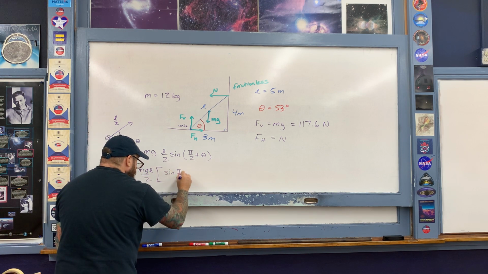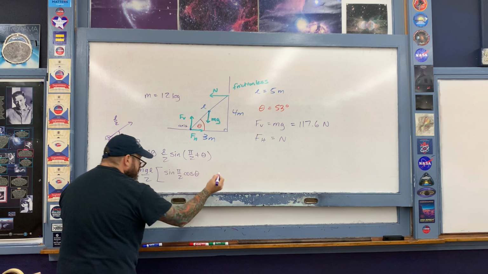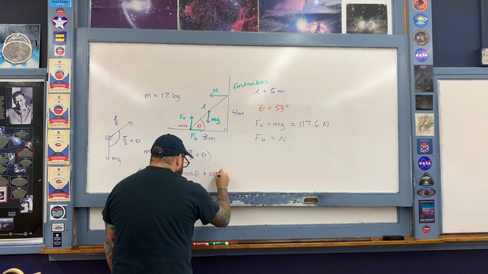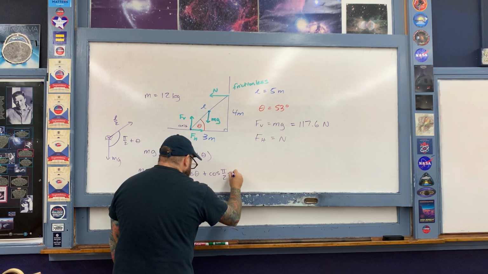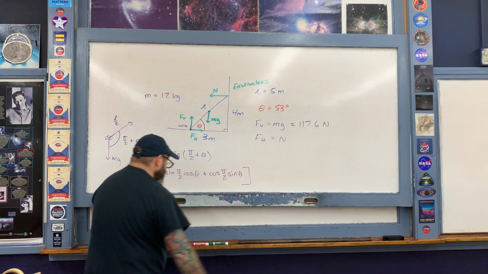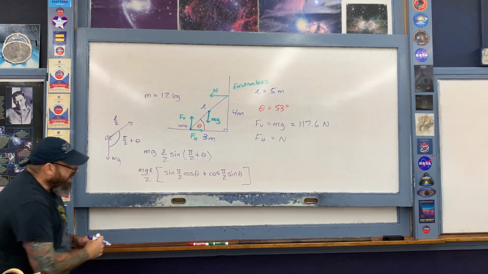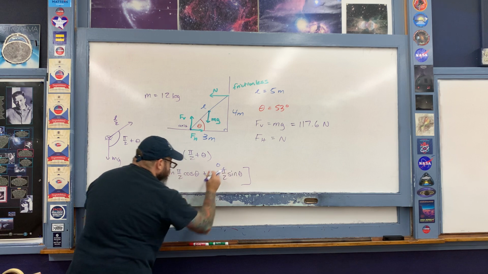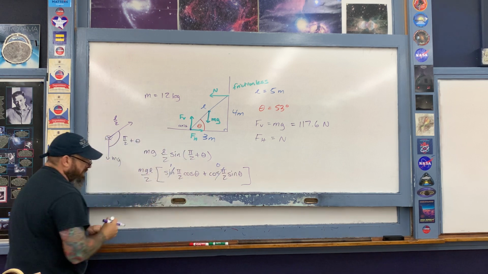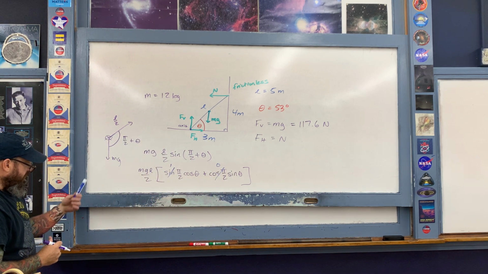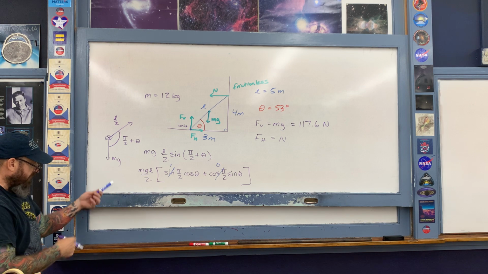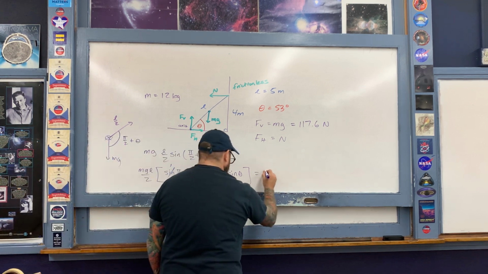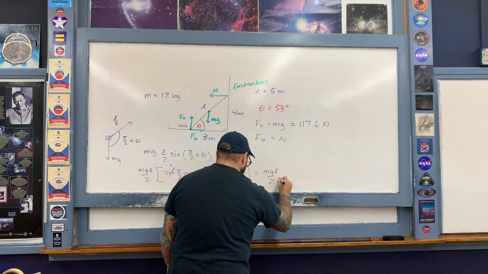Sine of the first angle, cosine of the second, and then plus cosine of the first angle times sine of the second. Like so. Simplify the brackets. Cosine of pi over 2 is 0. Sine of pi over 2 is 1. So what you end up with here is mgL over 2 times cosine theta.